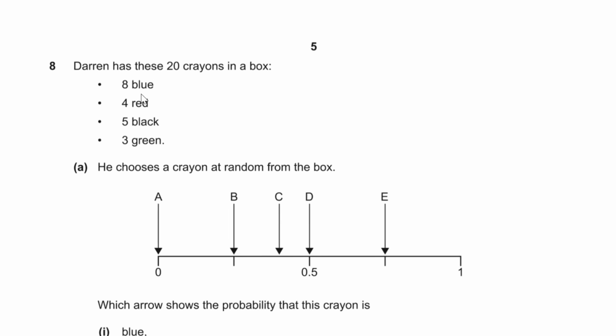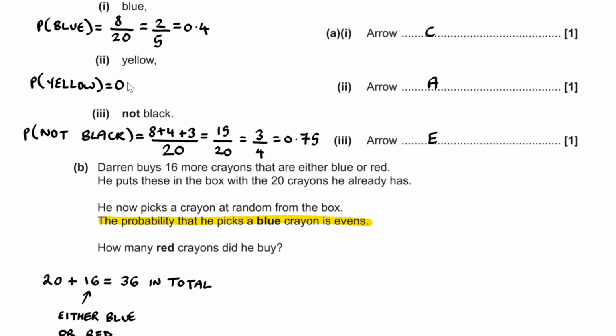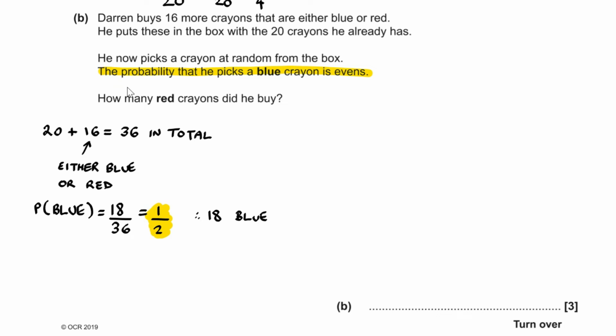And if we look at what we had before, we had 8 before, and we're going to 18. So that tells us that we've added 10 more blue.